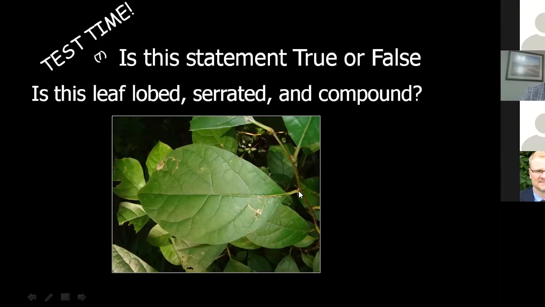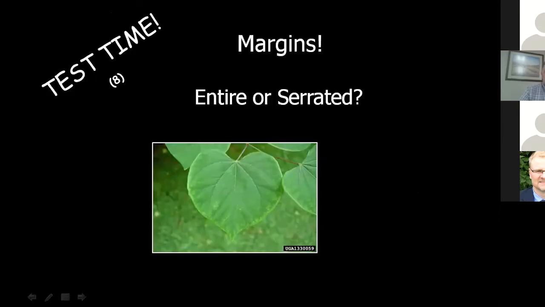And there is the bud right there. Here's the petiole going right up here. And what do we have? It looks like it's one leaflet. So that means it is not compound, it is simple. Notice the edges are as smooth as can be. So it's not serrated, and it's not lobed, it does not have any indentations. So this statement is truly false.